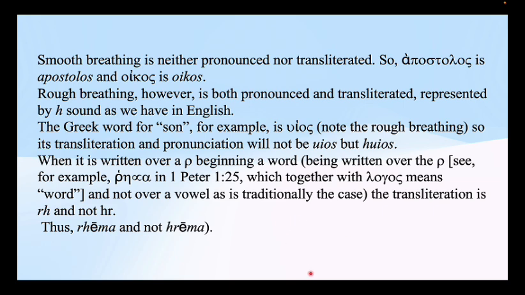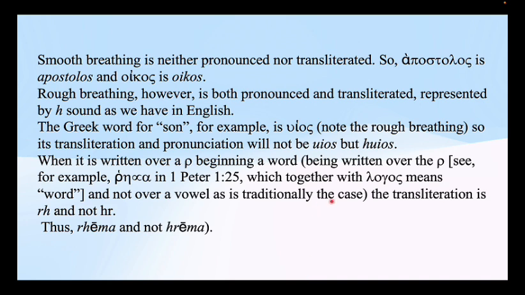Now, smooth breathing is neither pronounced nor transliterated. So it is good for you to have in mind the concept of the breathing marks. When you have a smooth breathing, it is not telling you to pronounce it in a different way, nor to transliterate it into English in a different way.